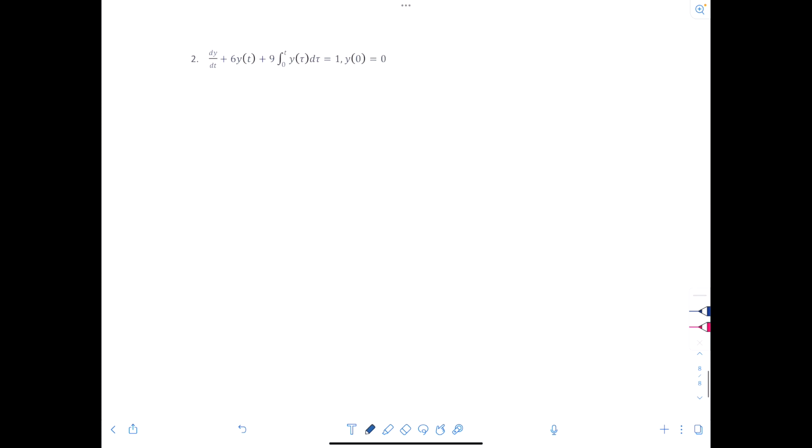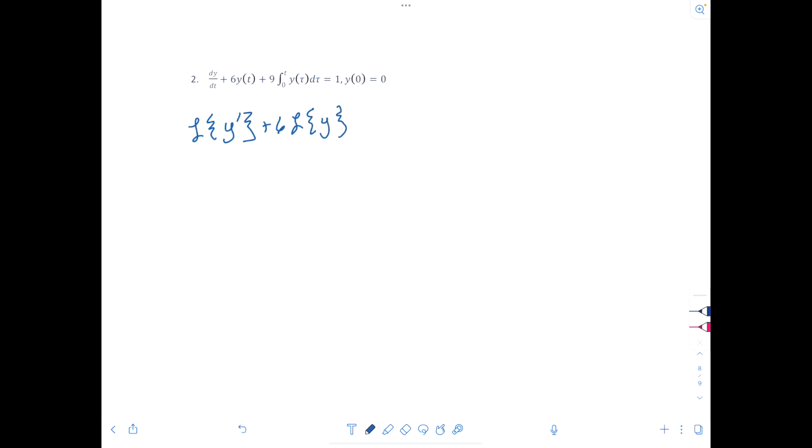Okay, so next up, another example, where you're going to solve this. This one would be an integro-differential equation because it's got a derivative in there, so we'll just call that y prime. All right, so applying our Laplace transform to both sides, we'll have L{y prime} plus 6 times L{y} plus 9 times L of the integral from 0 to t.